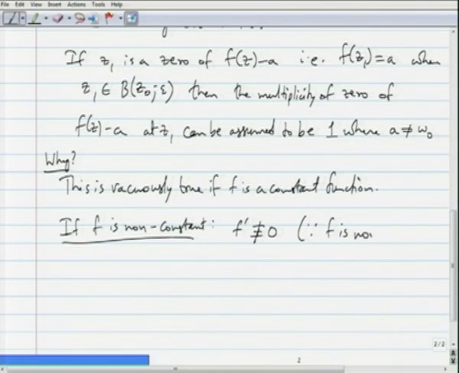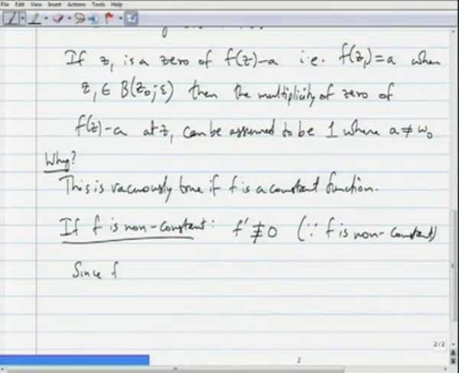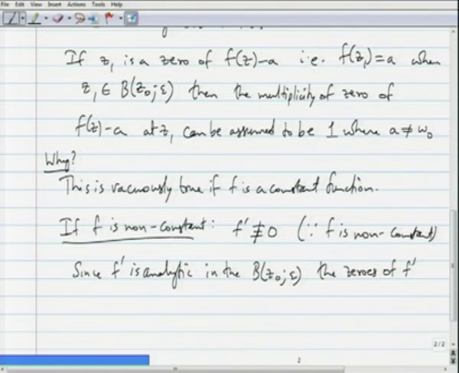So, since f is non-constant, and since f prime is an analytic function, the zeros of f prime are isolated by the identity theorem. Since f prime is analytic in the epsilon ball B of z naught, epsilon, the zeros of f prime are isolated.